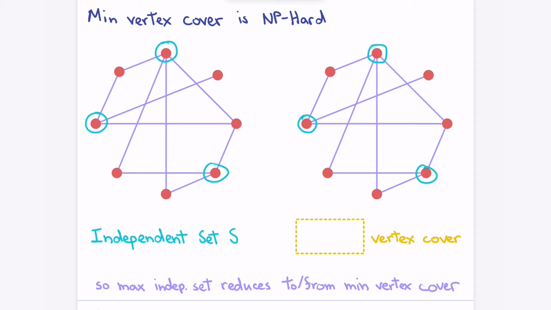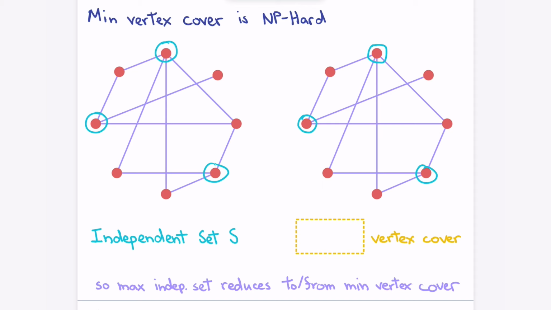Trying to take as much as possible. Vertex cover, you're trying to take as little as possible while covering every edge. So I'm suggesting there's some kind of clean relationship between independent sets and vertex covers. Not necessarily.